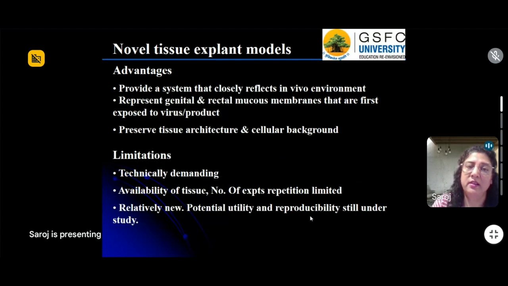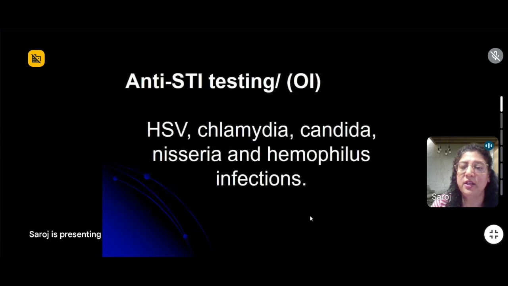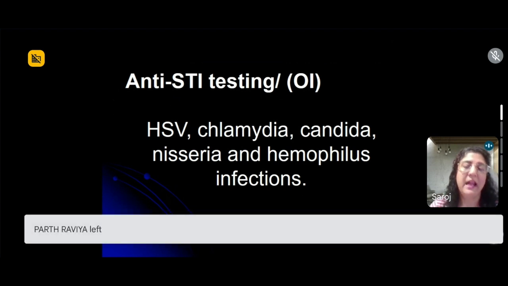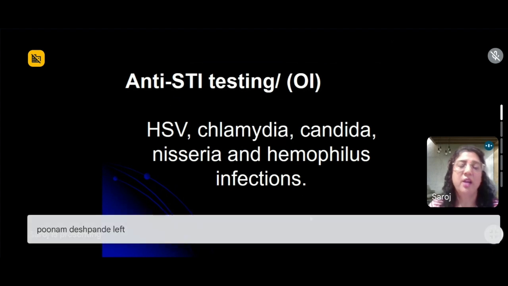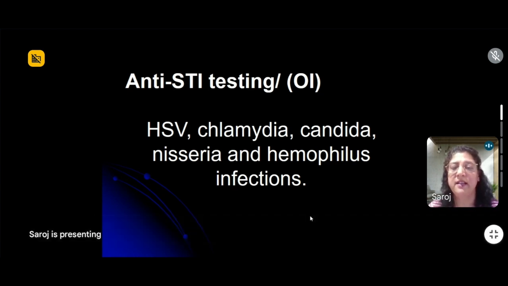So, of course, this tissue explant model is one of the novel models which simulates the in vivo condition. I will not go into the details of it, but for any microbicide that is developed, as I said, the virus is not the only infection that can be transmitted via sex. You have other organisms like HSV, chlamydia, candida, Neisseria, and Haemophilus infections that can also be transmitted by the vaginal and the rectal route.